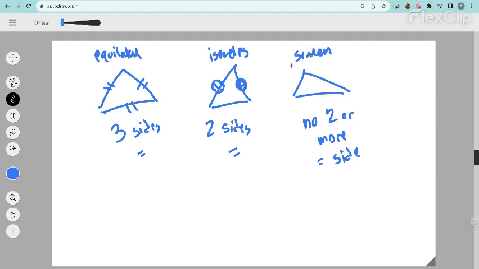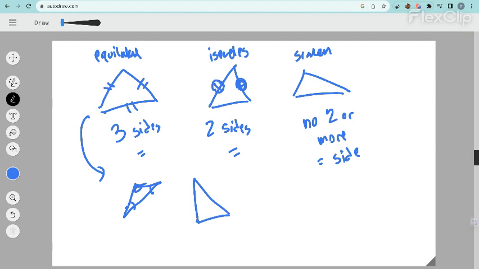There's also another way to classify triangles, and that's by the angles, not by the side lengths. The first type is known as an acute triangle. I don't know if I have the artistic skill to draw an acute triangle, but an acute triangle just means all three angles that make up the triangle are less than 90 degrees.